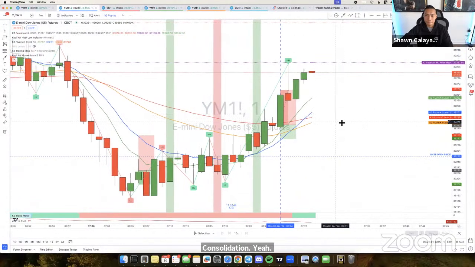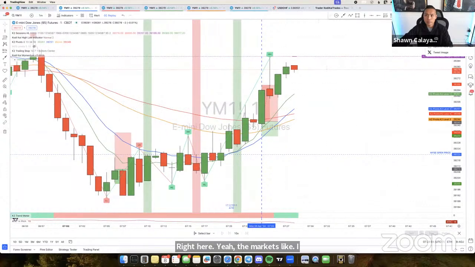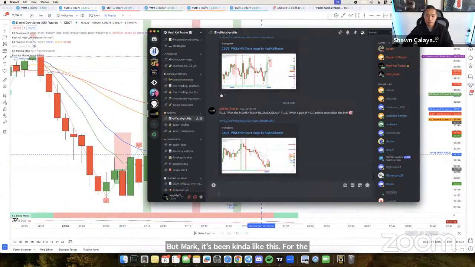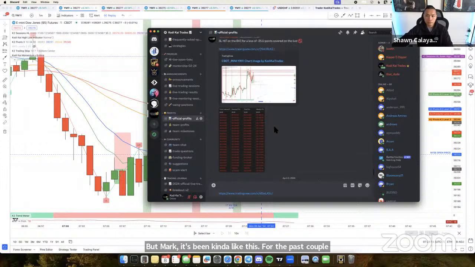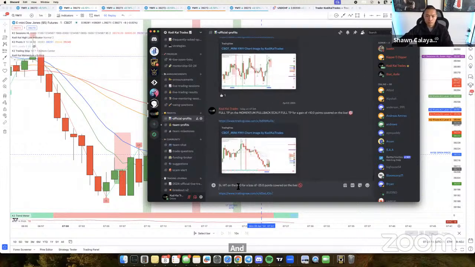Yeah, I don't know what caused the push to the upside, but the market's been kind of like this for the past couple of weeks. And then stop loss hit over here for the consolidation variation.